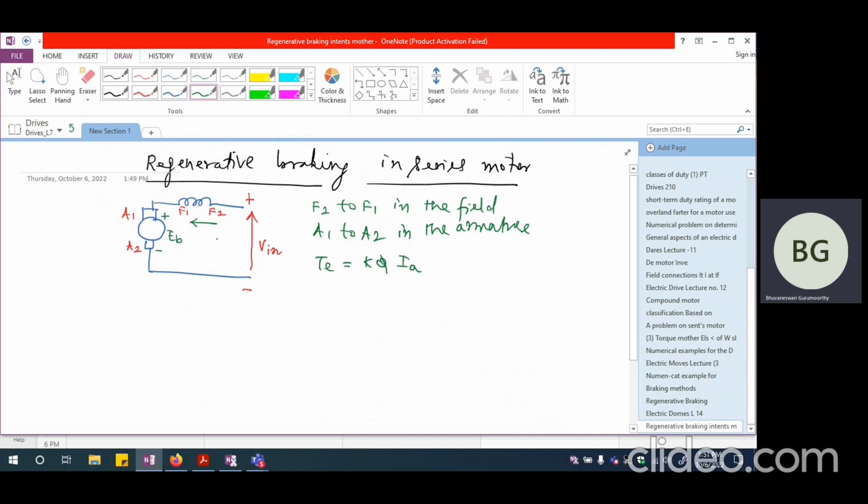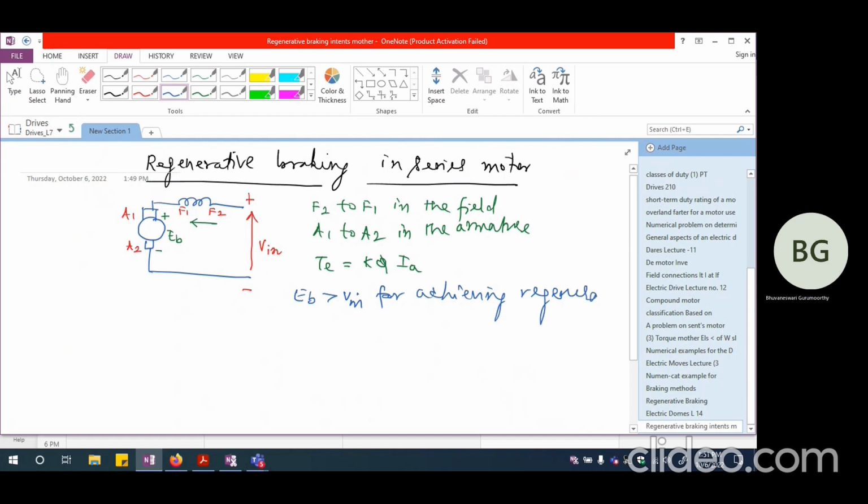So when I want to incorporate regenerative braking, I want basically EB to be greater than V in for achieving regenerative braking, right? So if I want to achieve regenerative braking, let us say I'm having the speed of the machine like this. So this is omega. So let us say speed is increased.